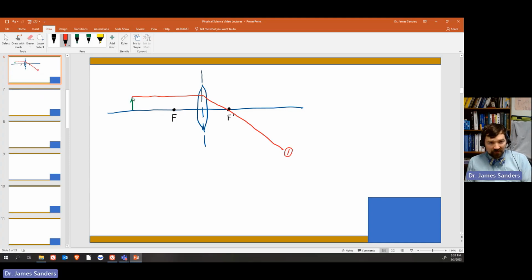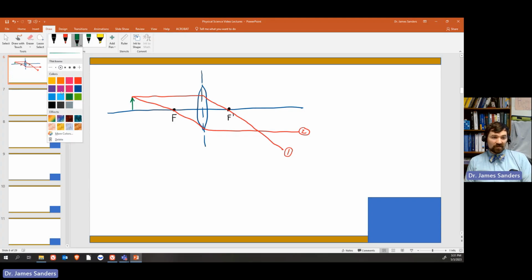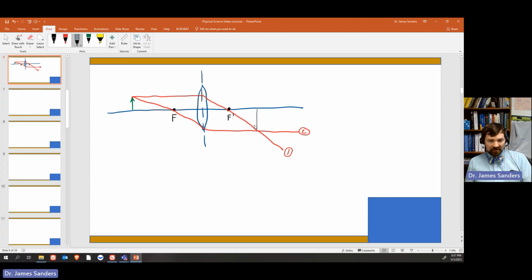My second ray will go through the focus from the tip of the arrowhead, hit the lens, and deflect so that it is parallel to my principal axis. So here's ray number 2. Well, where the two have met, because they do intersect, that's where my image will be formed. So here's my image.